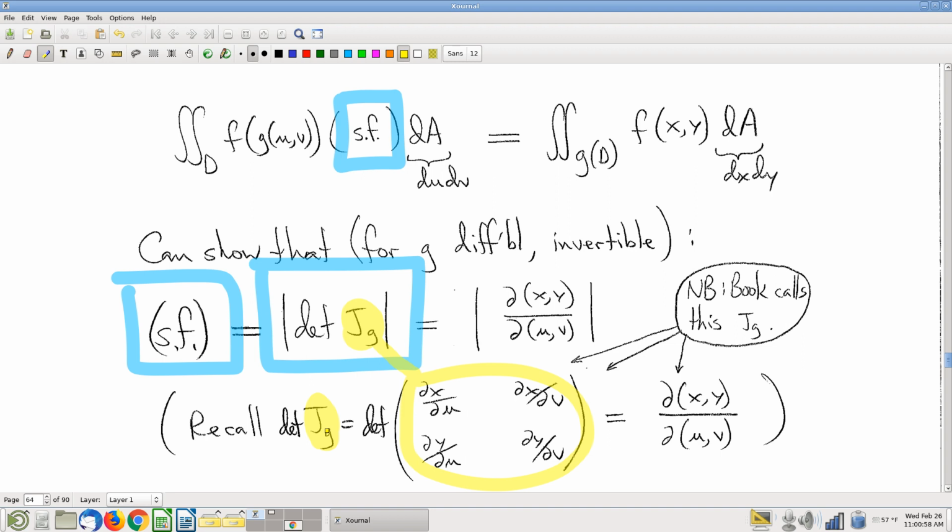right? And if you were to write its determinant, don't forget that we have a little formula for determinant, right? Determinant is that times that minus that times that. Nice little formula, which you'll notice.